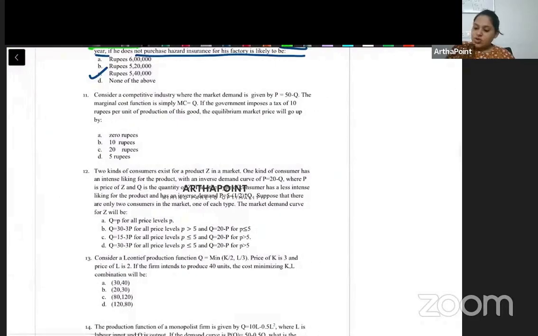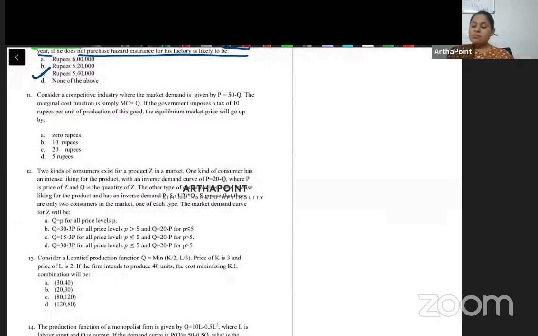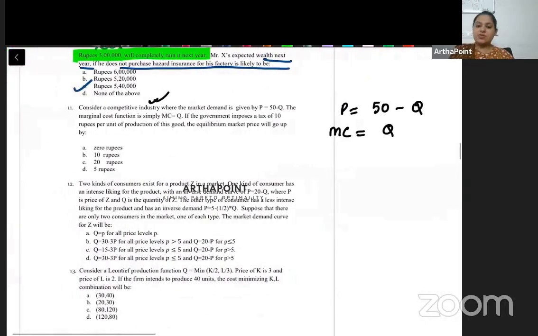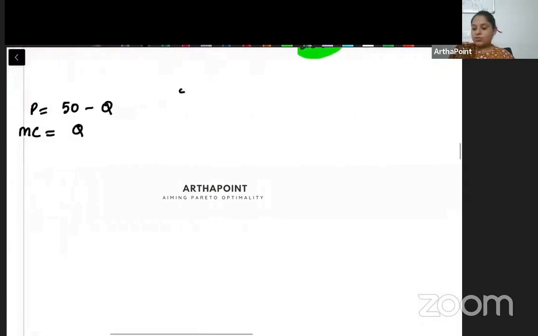This says consider a competitive industry where market demand is given by P is equal to 50 minus Q. The marginal cost function is simply MC is equal to Q. First let's see this much. What is my equilibrium? So it says competitive industry. So what will be your initial equilibrium?